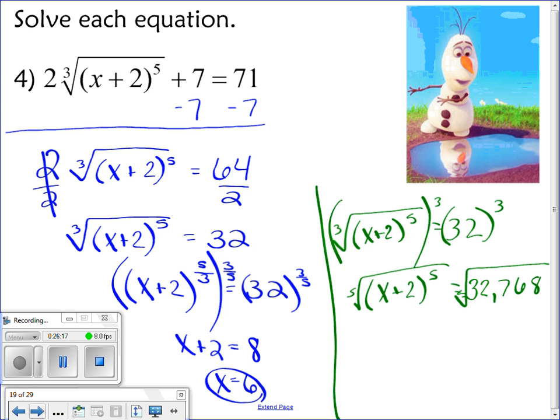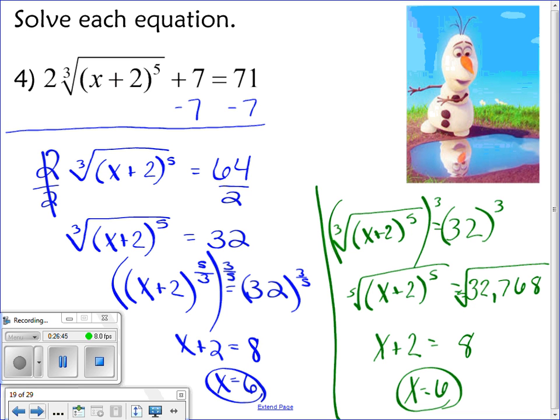Or you could do the reciprocal. Either way, it's the same idea. So you'd get x plus 2 equals, what's the 5th root of that big number? I'm going to say 8. Am I right? So you got x equals 6.